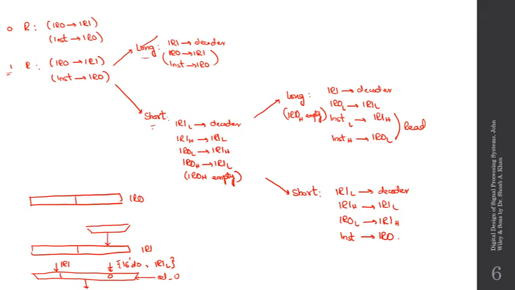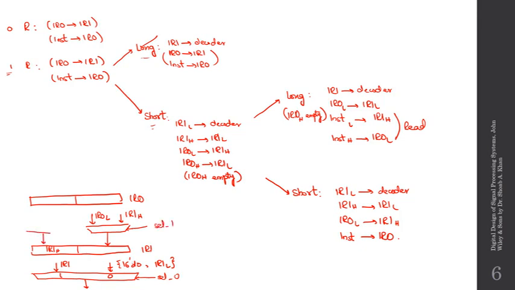And looking at this structure, we can see that there are only two possibilities. Either we can get IR1 higher part, which we saw occurring when a short instruction was being processed, or we'll get IR0's lower part. That is going to occur when a long instruction is being processed. So we'll again have a select 1.